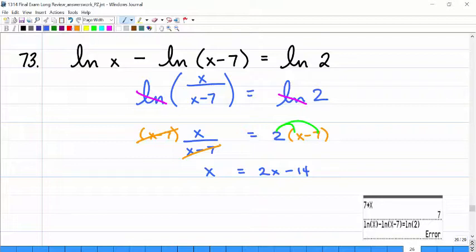If I add 14 to both sides, I get x plus 14 is equal to 2x. Now I need to subtract x from both sides, and I get x equals 14.